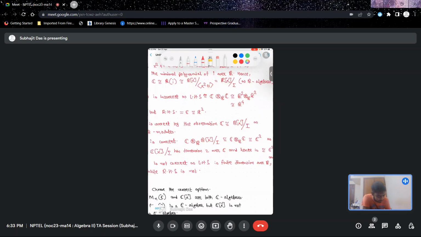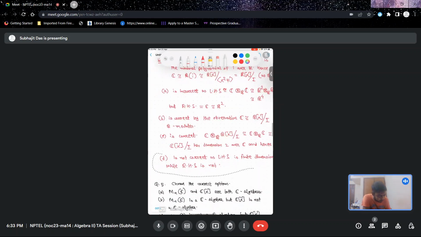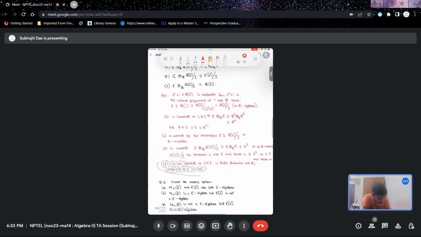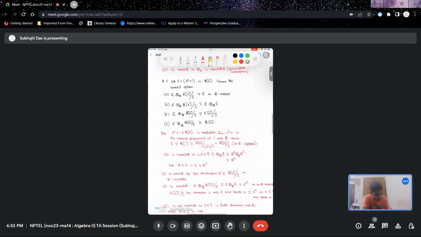So you know clearly that the polynomial ring over R will have infinite dimension over R. In fact, it has countably infinite dimension over R. So that is why D is not correct.